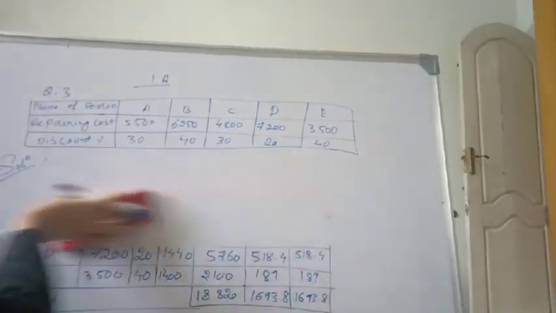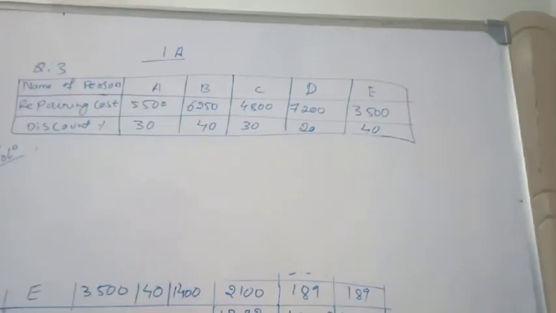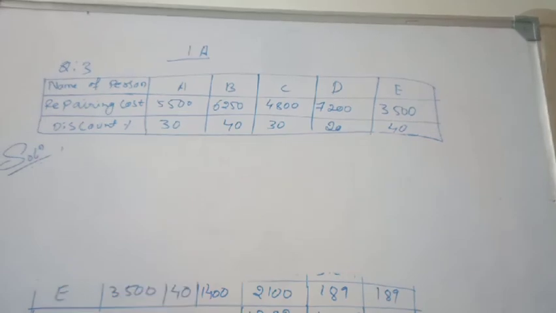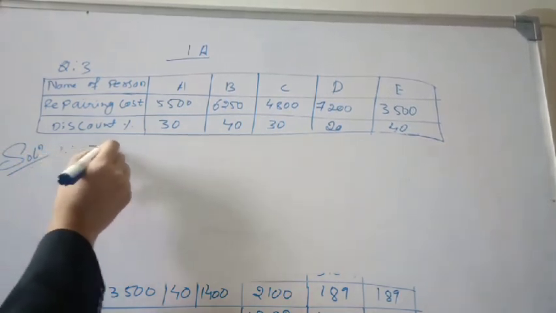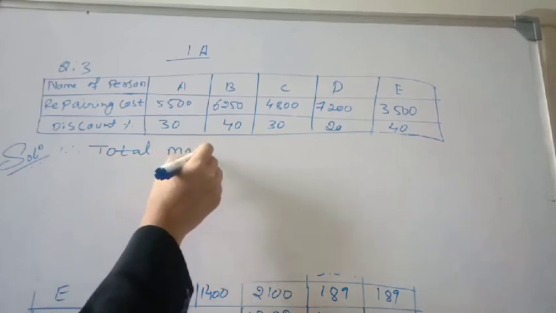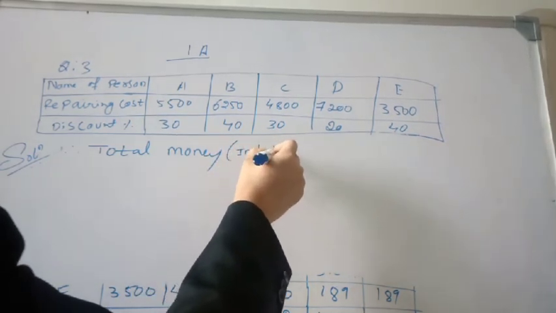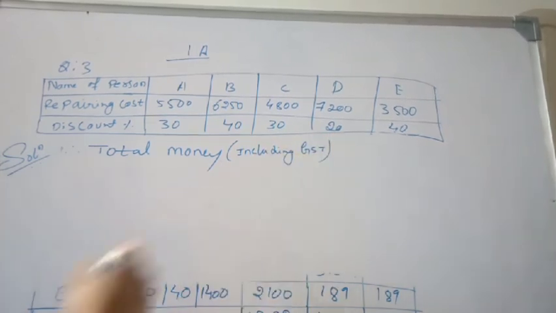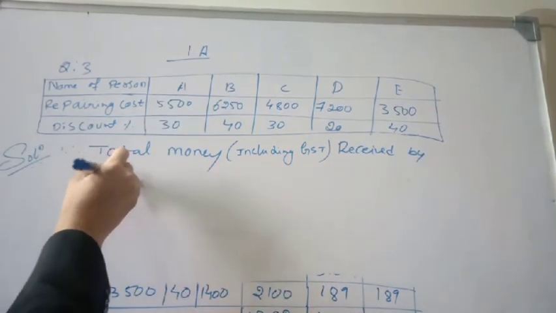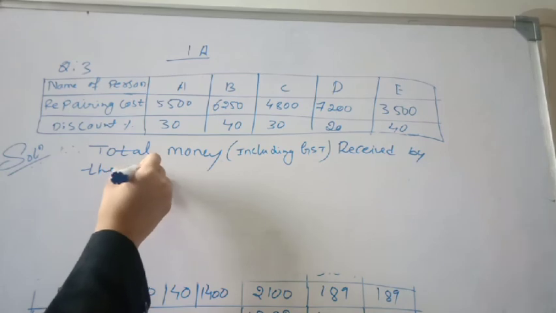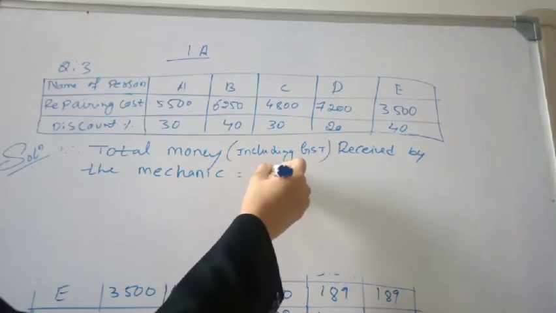So now we'll calculate the total amount of the bill. The total money the computer mechanic receives including GST is equal to selling price plus CGST plus SGST.